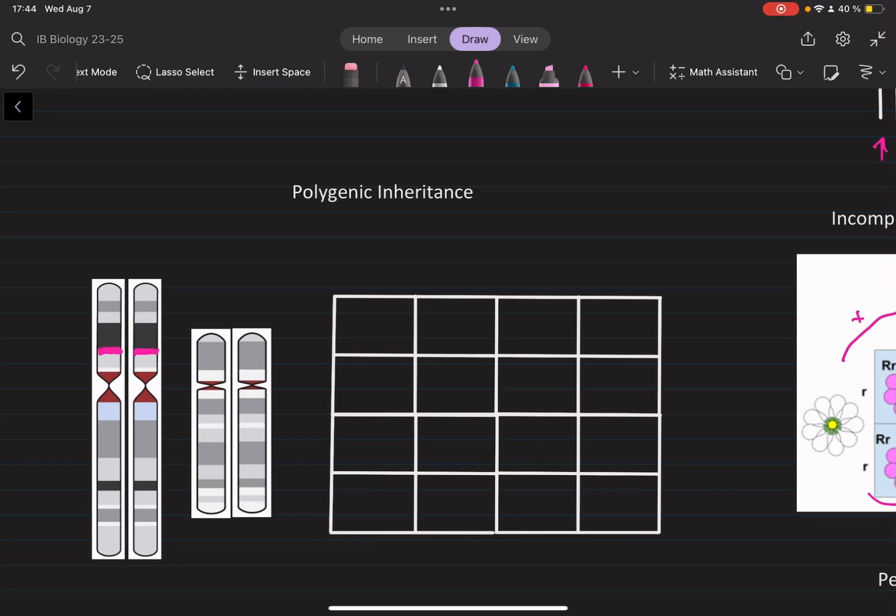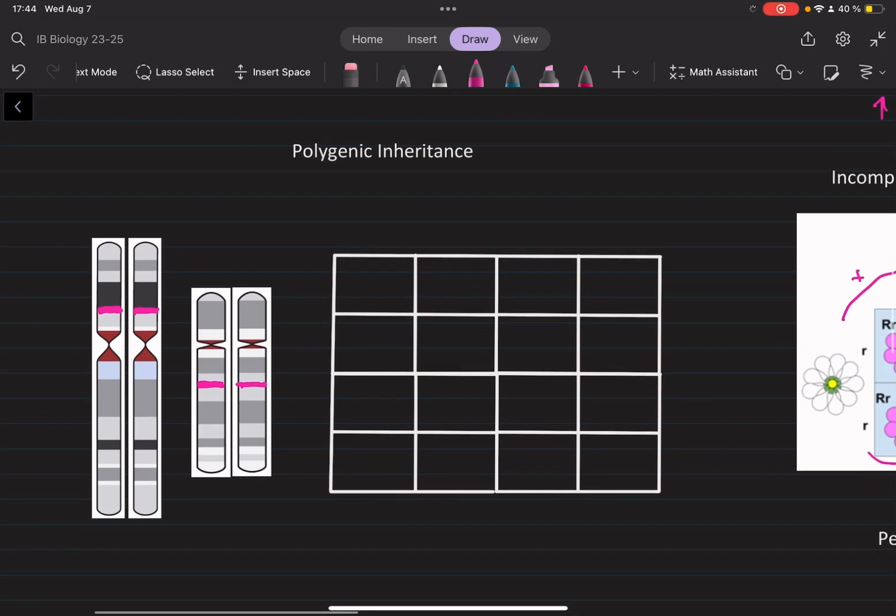However, it could also maybe be found on this gene of this chromosome. So now it's not just one chromosome, it's two chromosomes that work together. So there's more range in what the outcome of that child could be.